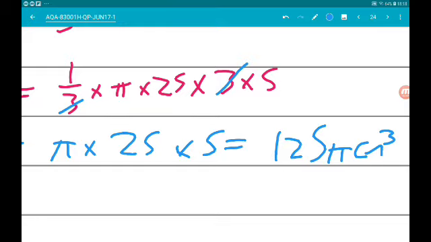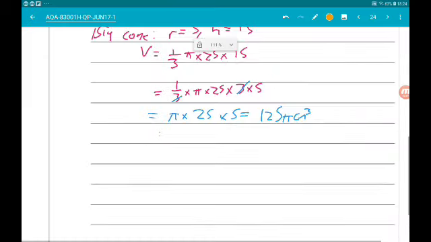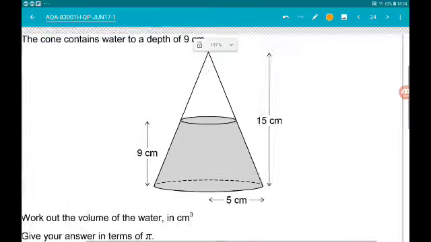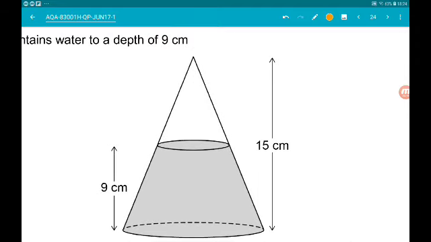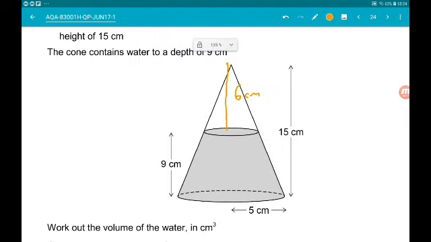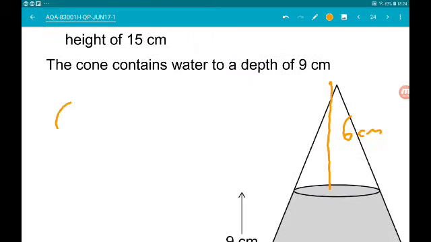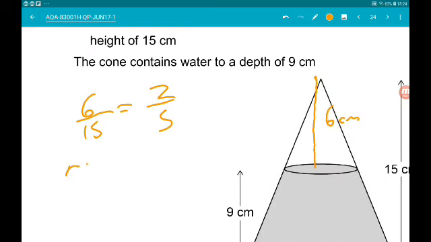Okay, so now we need to find the volume of the small empty part of the cone. So this itself is a cone. So we know the height is going to be 6. What about the radius? Well, we know this small cone is going to be similar to the big cone. And we know that 6 over 15 is 2/5. So the radius is 2/5 of 5, which is 2.